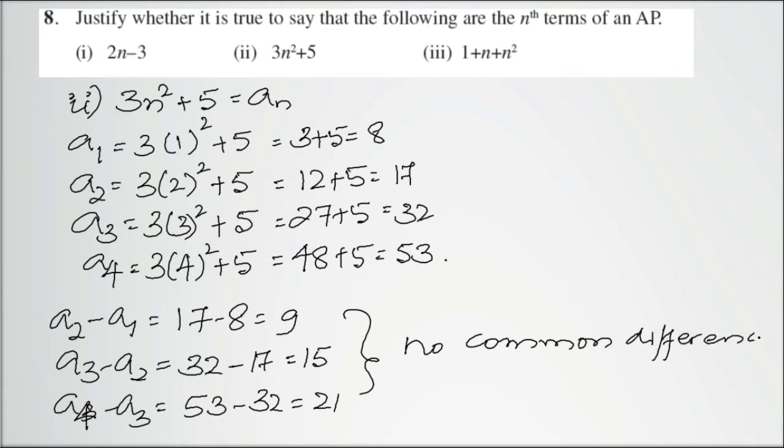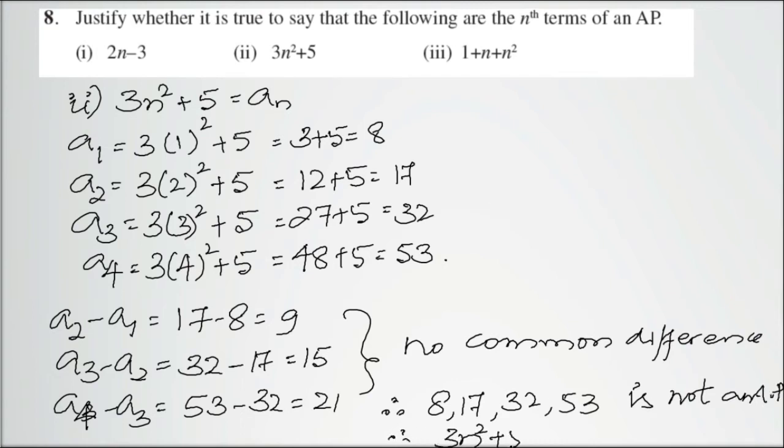Whenever there is no common difference, we can say that the sequence formed 8, 17, 32, 53 is not an arithmetic progression. Therefore, 3n square plus 5 is not the nth term of an arithmetic progression.